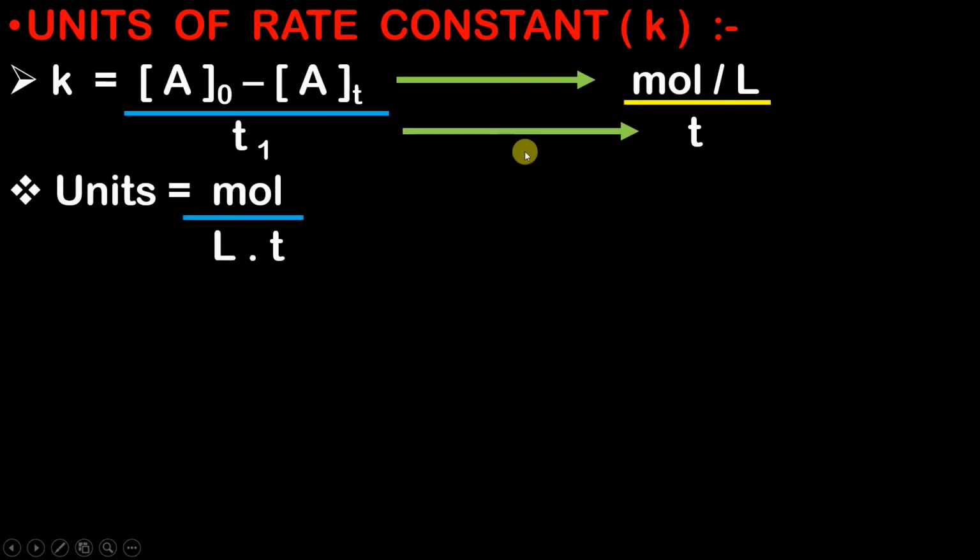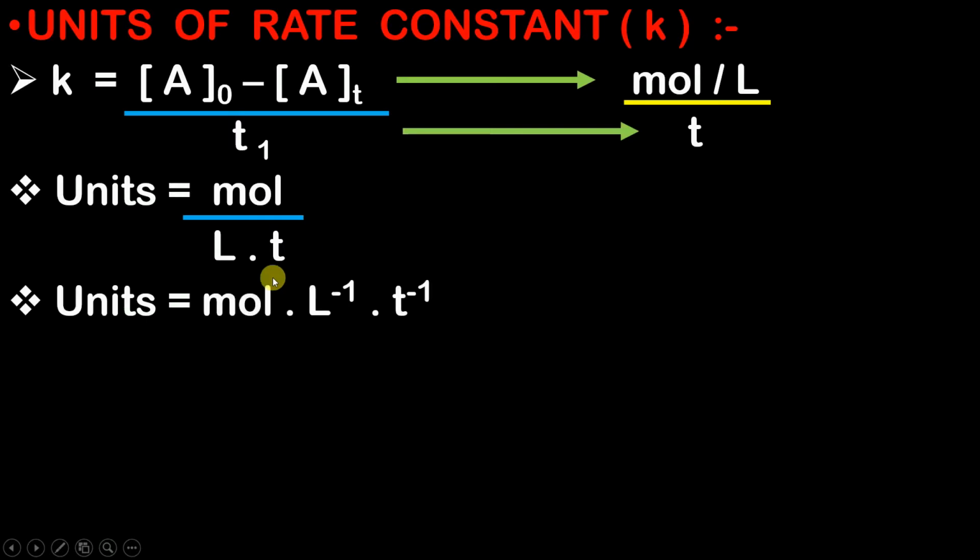Now, moving on, these are the units of rate constant, and you can even write it as mole into liter inverse into time inverse. So when you bring the denominator terms into the numerator, we have to add a negative sign to the powers. This is as simple as that. The units of rate constant are very simple. I hope you have understood this as well.